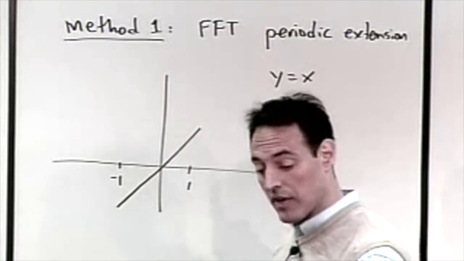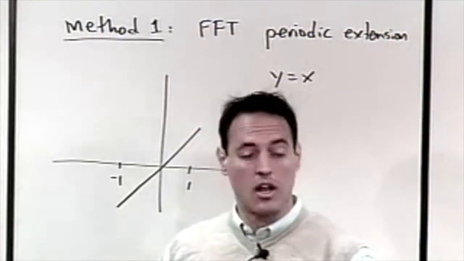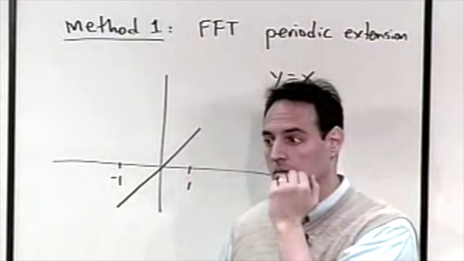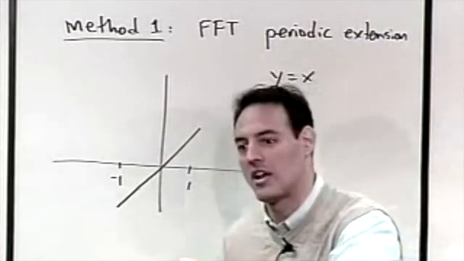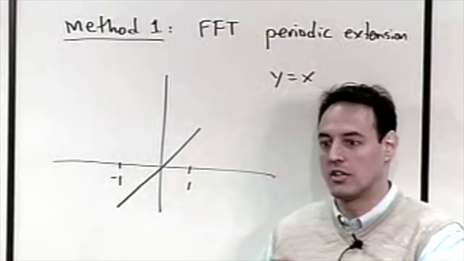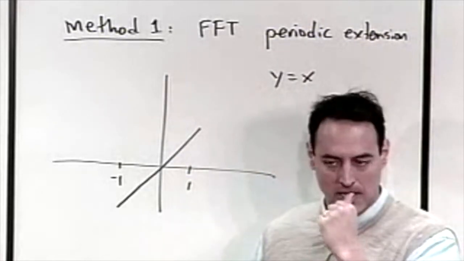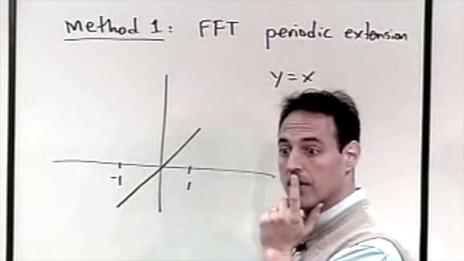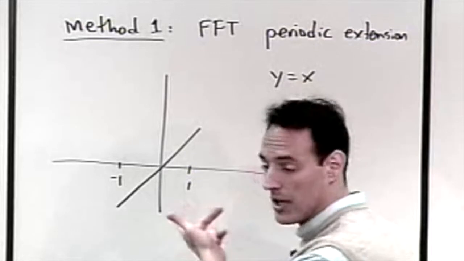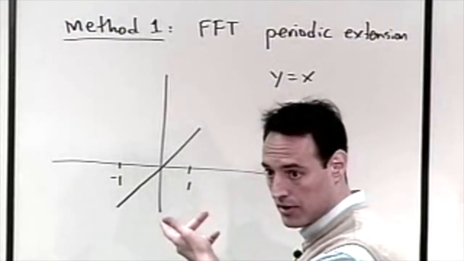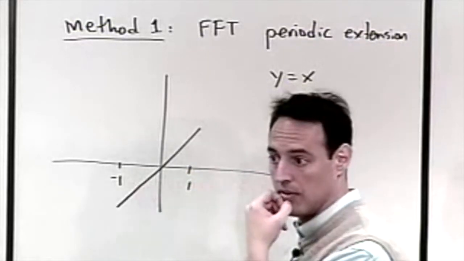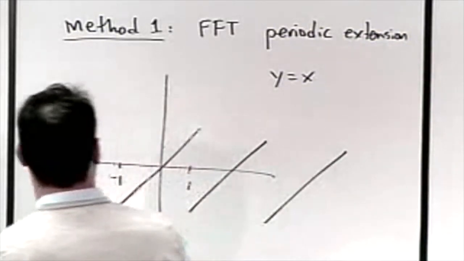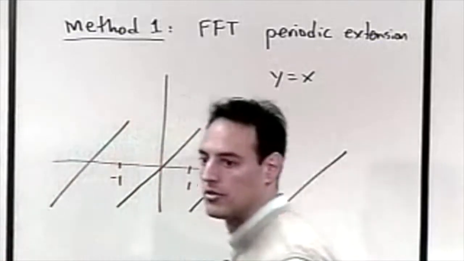He made this very broad statement. He said, give me a function and I will write that function down in terms of cosines and sines. He never said anything about give me a periodic function, and I'll write it down as cosine and sine. No, he said, give me a function, any function. So what he was saying is, this is a function on -1 to 1. And what Fourier theory says is, I can periodically extend this. So I have it on this interval. Well, why don't I just extend it periodically in these directions?